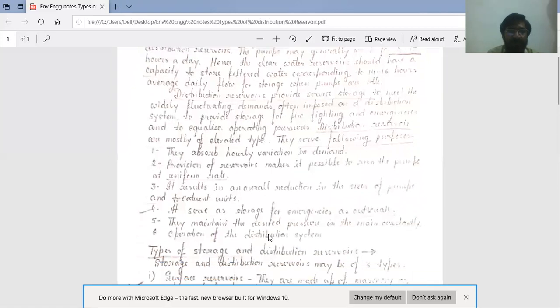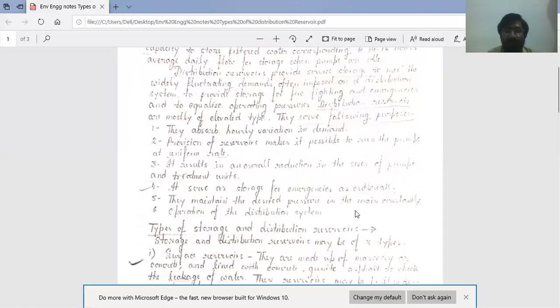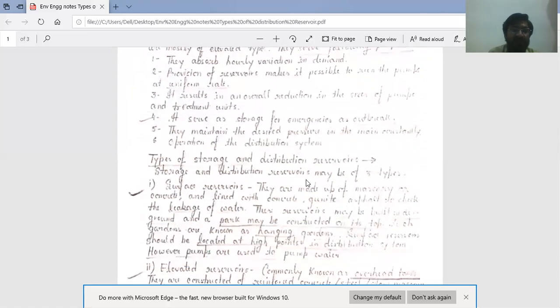It serves as storage for emergencies such as outbreak of fire. And next purpose is they maintain the desired pressure in the main pipeline constantly. Now types of storage and distribution reservoirs.